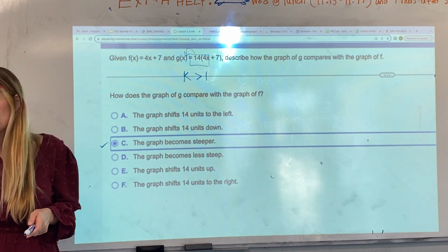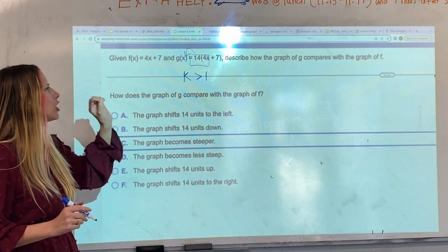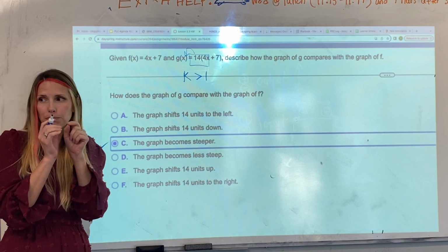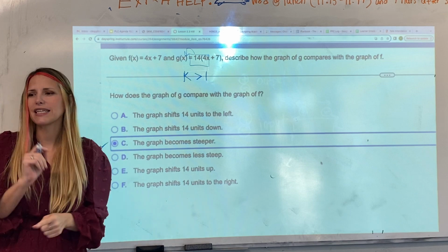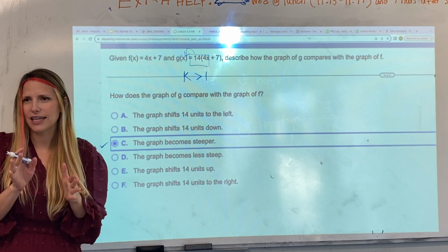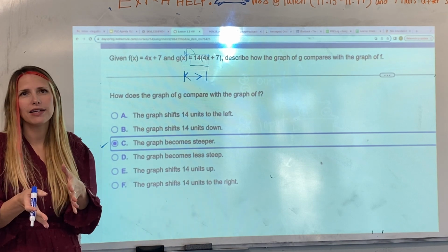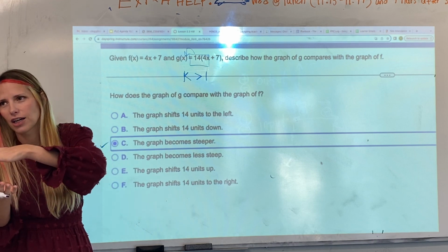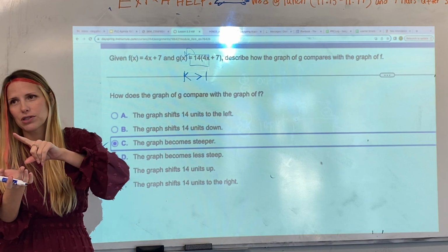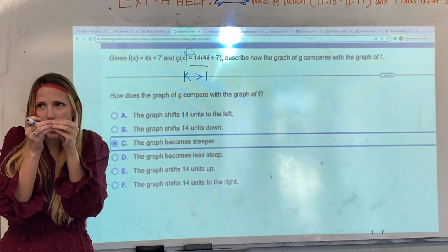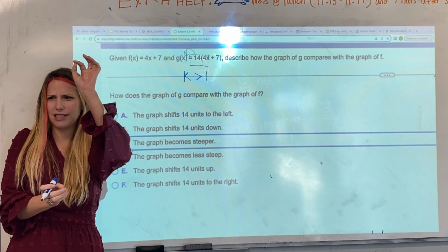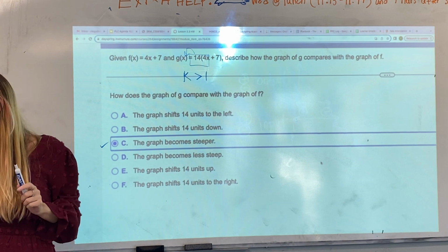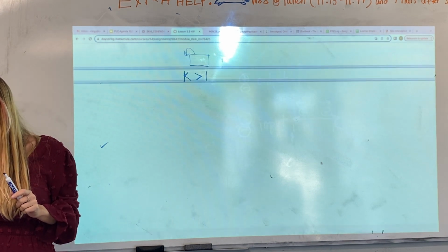If you're just multiplying the input, just the x times something, then the rules are completely reversed. If the number's greater than 1, then it's a compression, it gets less steep, but if the number's between 0 and 1, then it gets stretched and it's steeper. It's really weird and hard to memorize.